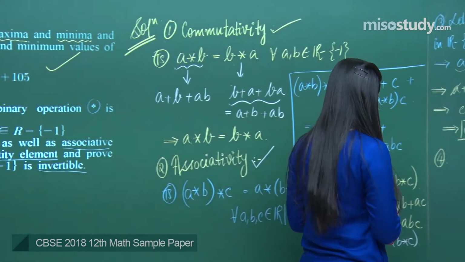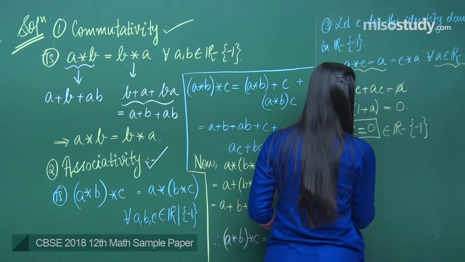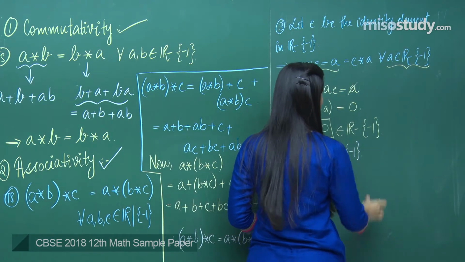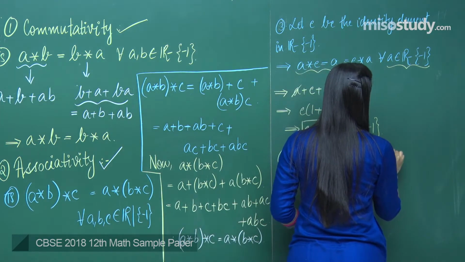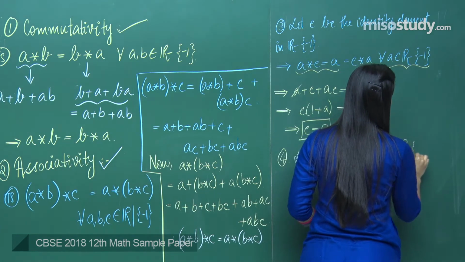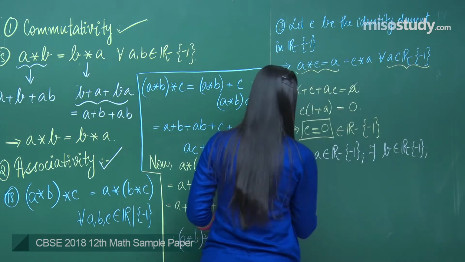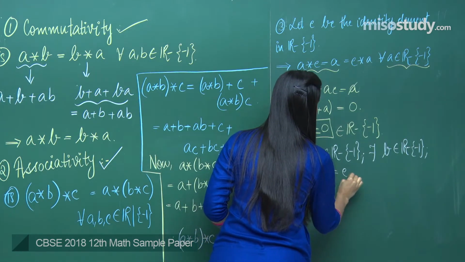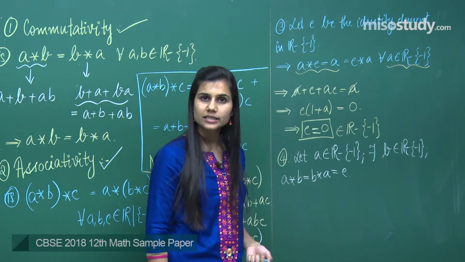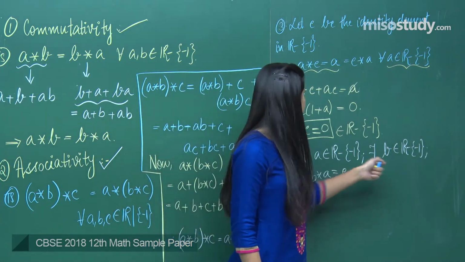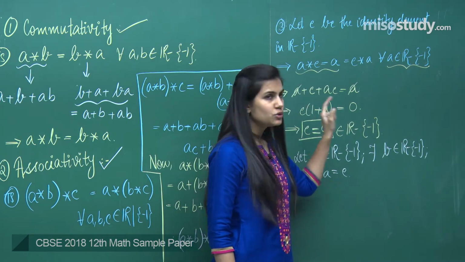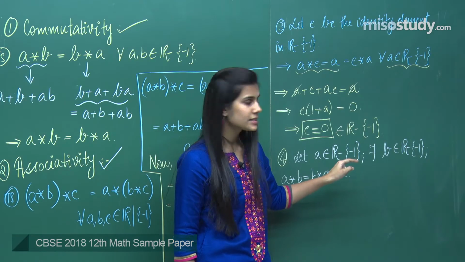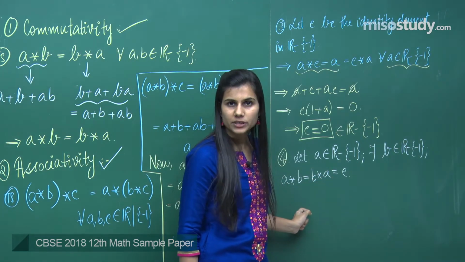So let A be any element inside the set such that there exists some B inside the set such that A star B is equal to B star A equals identity. That's the role of inverse. If B is the inverse of A, both of them should first of all be in the set which is there in the context, and they should satisfy this particular thing.